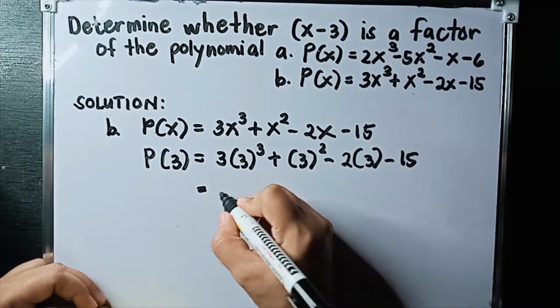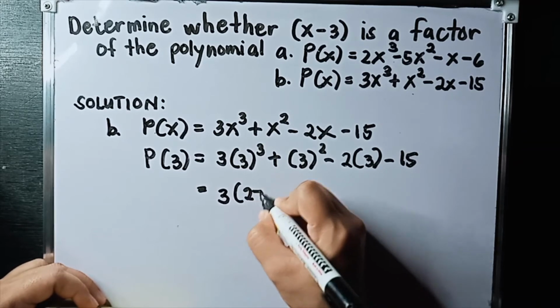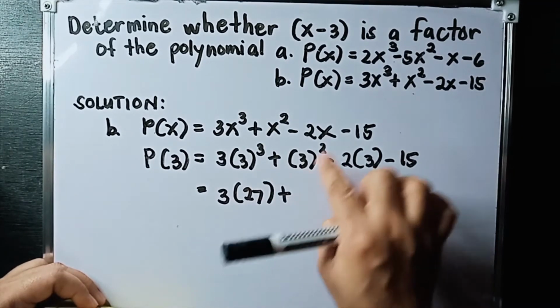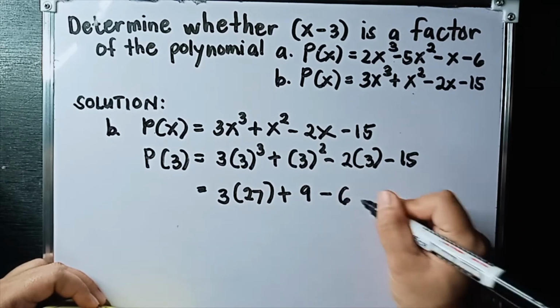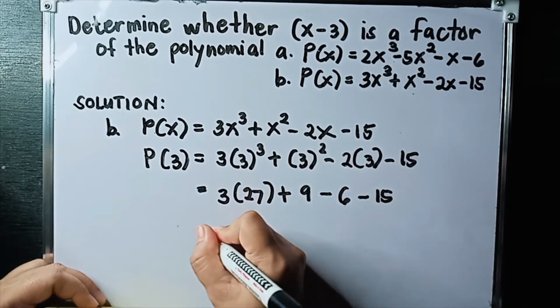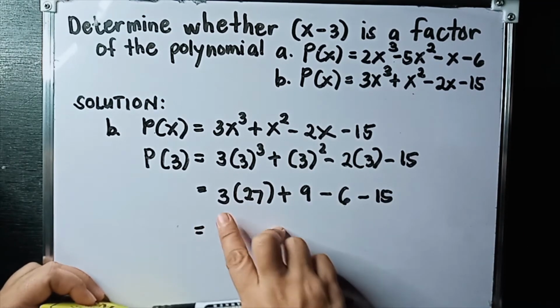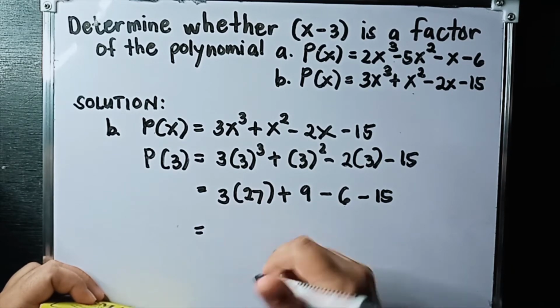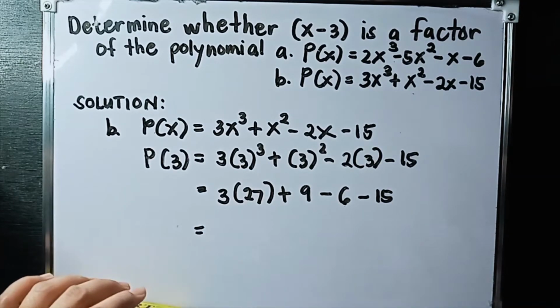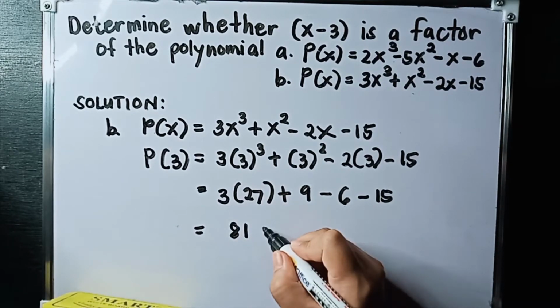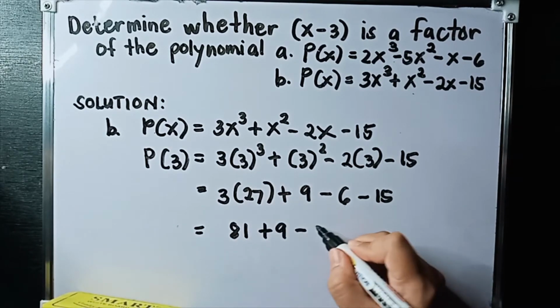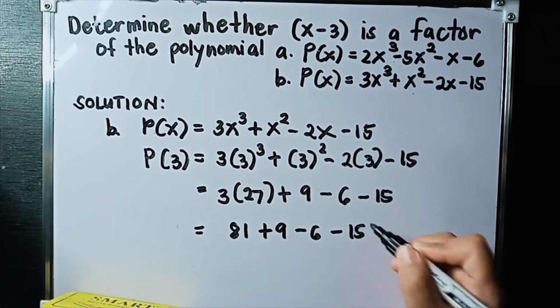Simplifying all the exponents, we have 3 times 27 plus 3 squared is 9, 2 times 3 is 6, minus 15. And then we multiply. 3 times 27 is 81, plus 9 minus 6 minus 15.